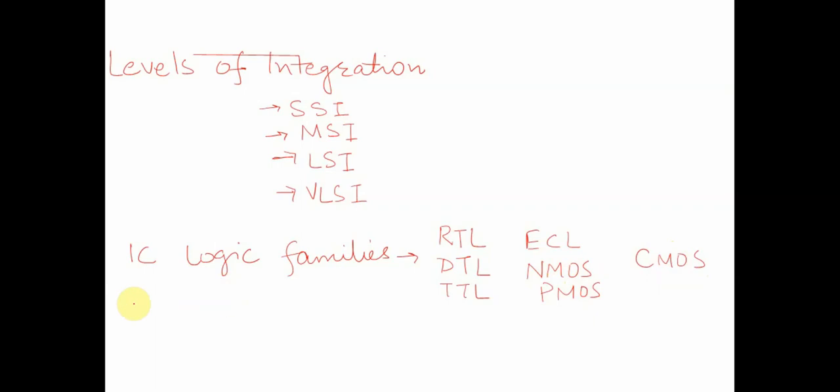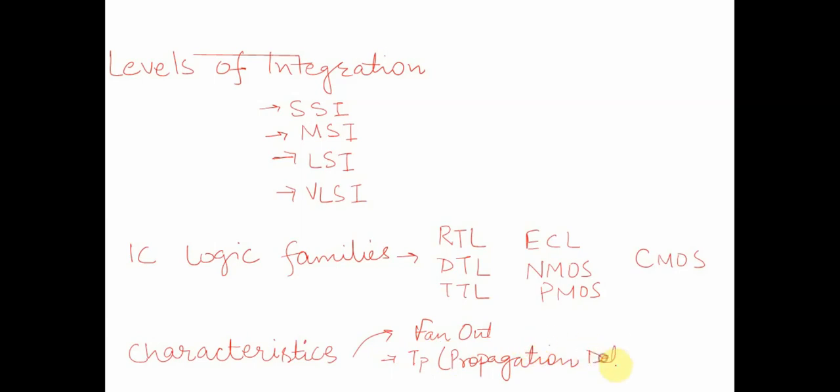family. And eventually we will talk about a few characteristics based upon which we will evaluate which particular IC logic family we should be using. And these characteristics are the ones which will define these logic families. These are nothing but major things like fan out, propagation delay, which is TP, propagation delay.